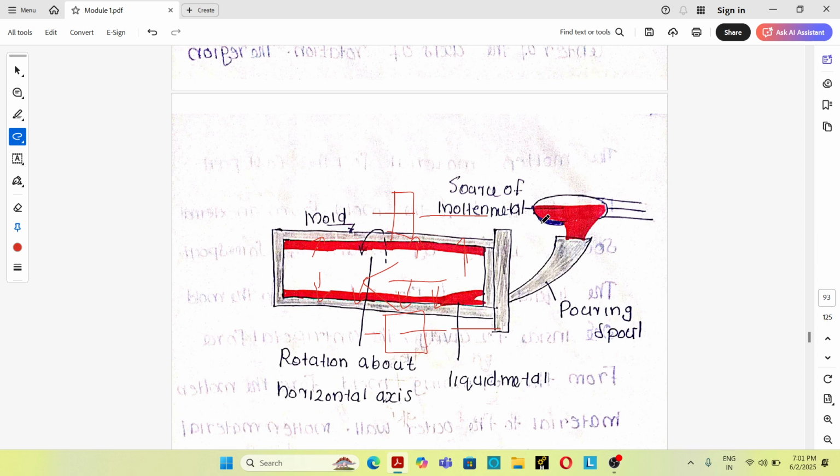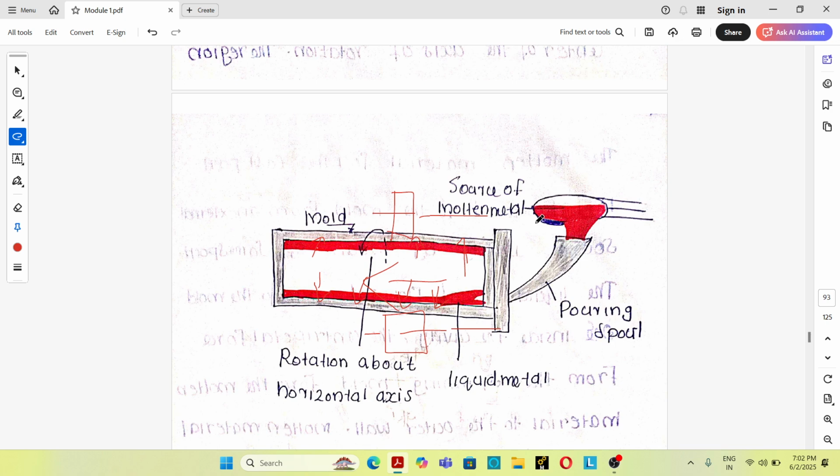During the pouring and solidification phase in true centrifugal casting, forces play a vital role. There will be centripetal force created due to centripetal acceleration that always plays a vital role in this casting process.